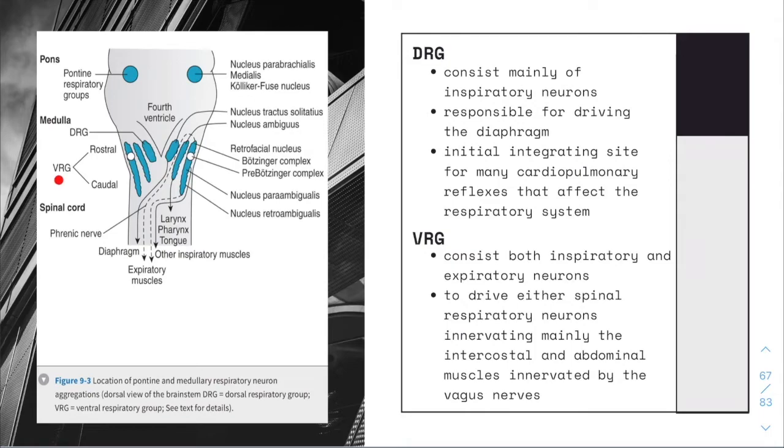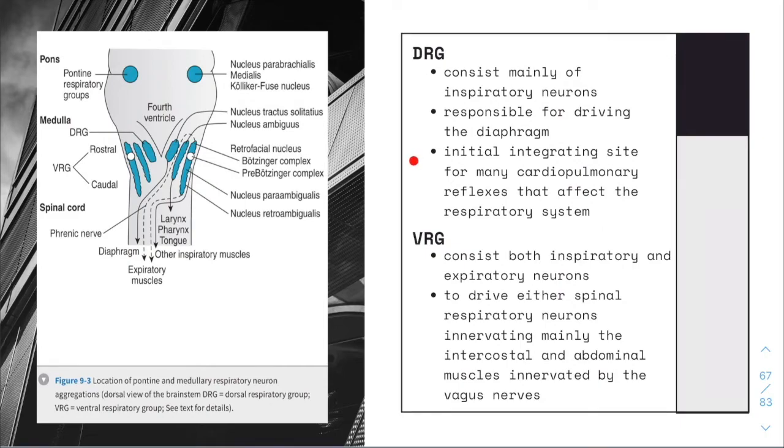You have your DRG, the dorsal respiratory group, and your VRG, the ventral respiratory group. Your dorsal respiratory group consists mainly of inspiratory neurons responsible for driving your diaphragm.